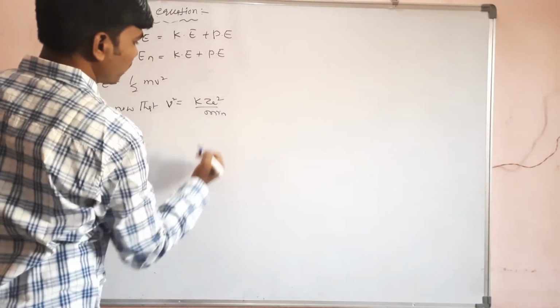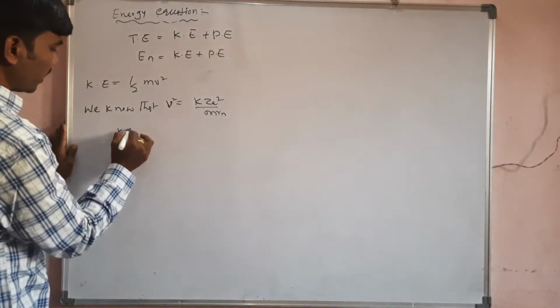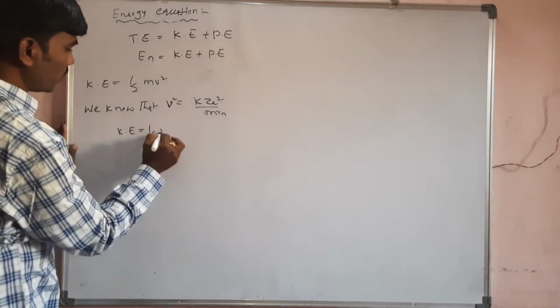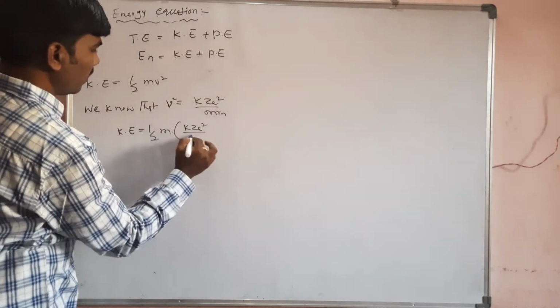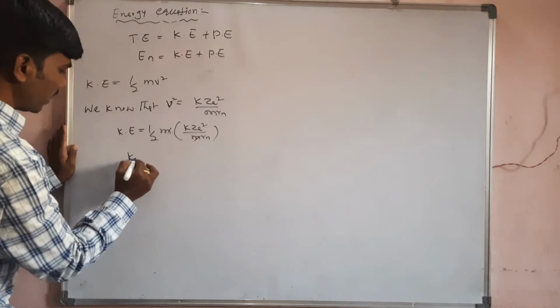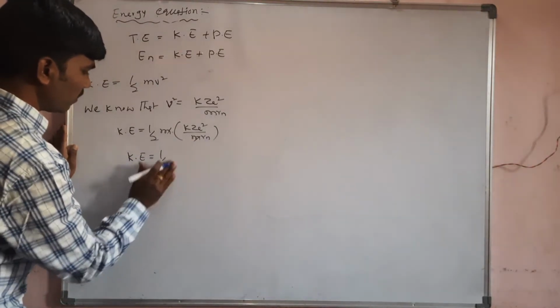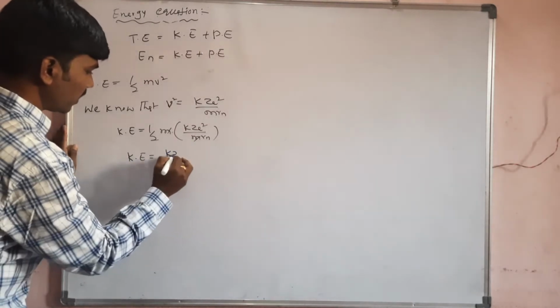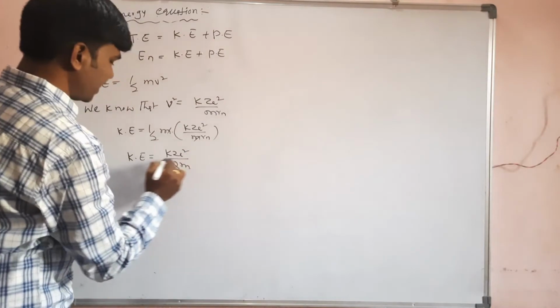Instead of v square I am taking this. Kinetic energy is equal to 1 by 2 into m into kZe square by mRn. So m gets cancelled, and kinetic energy is equal to kZe square by 2Rn. So this is kinetic energy.